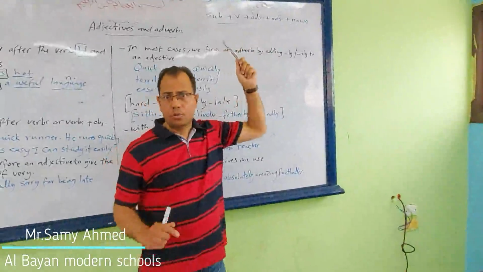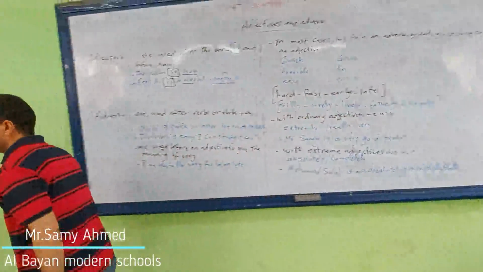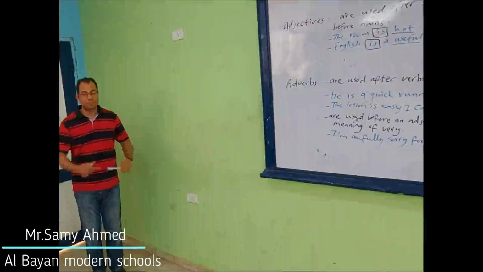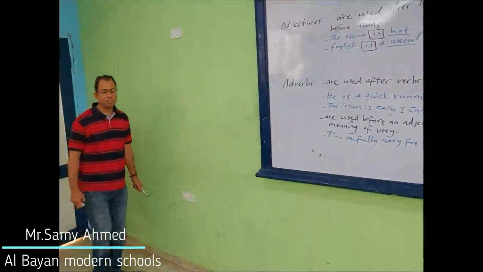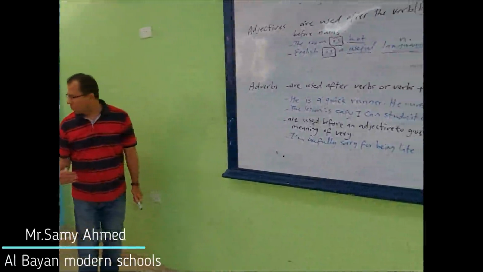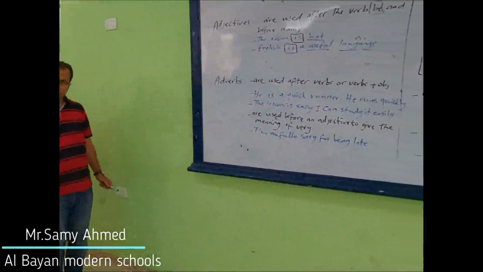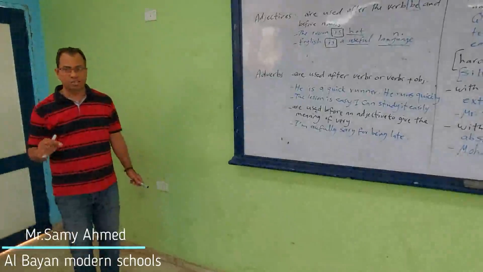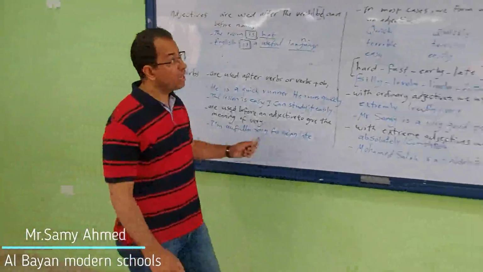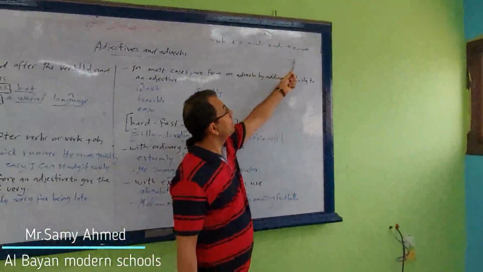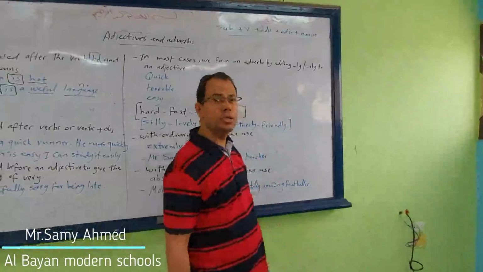For example, Mr. Sami entered the class quickly. When I walk or come in slowly, slowly is a word which can describe the way Mr. Sami entered the class. So this is called the adverb. And then followed by an adjective and then the noun.